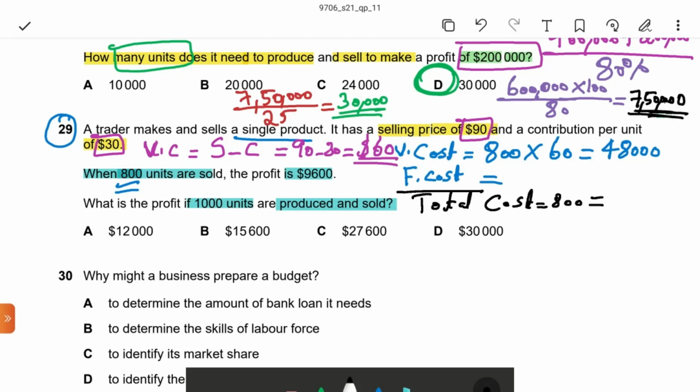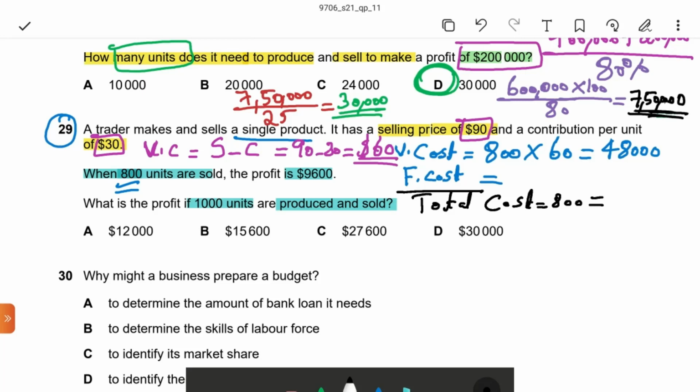Now the total cost we can calculate as sales minus profit. The selling price is given. To calculate the sales, 800 multiply 90.